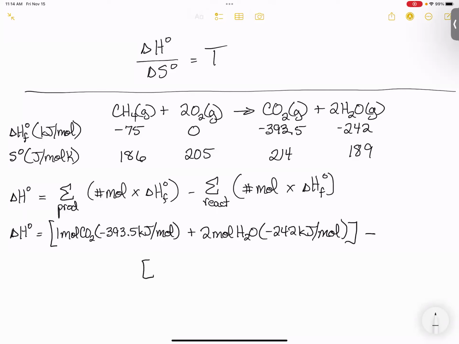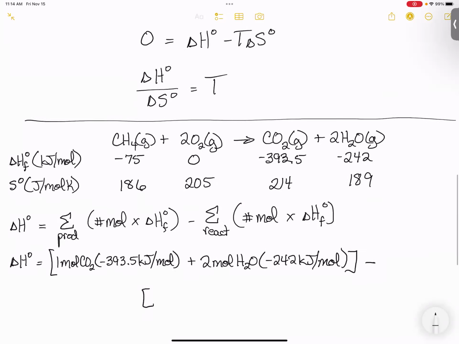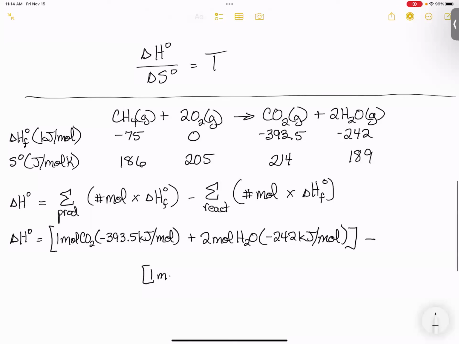In the reactants, we have 1 mole of methane times a negative 75 kilojoules per mole. And we have 2 moles of oxygen times 0 kilojoules per mole.